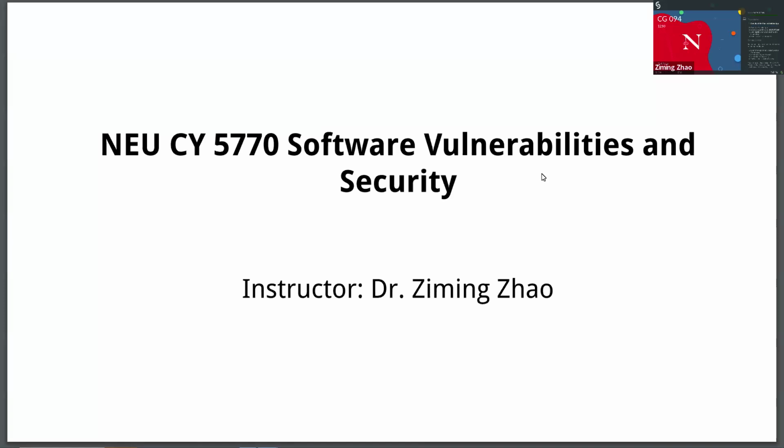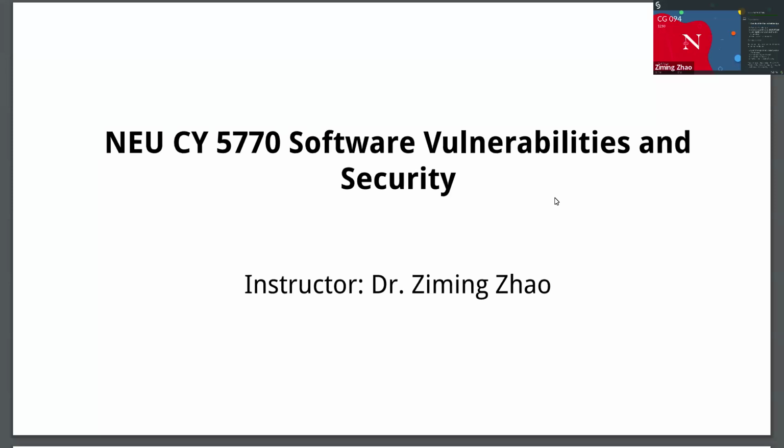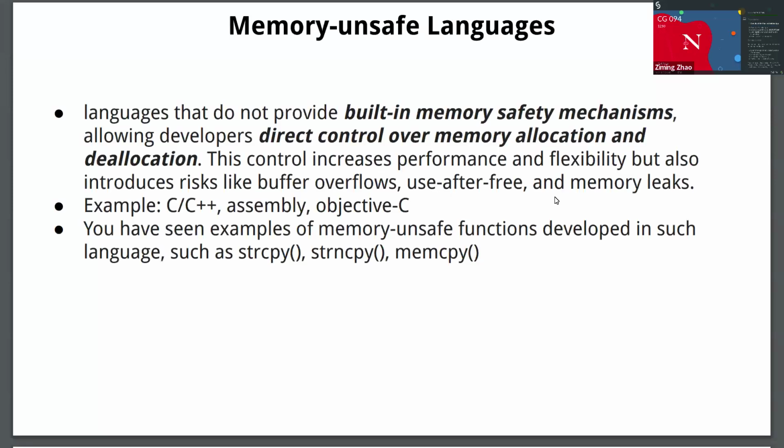So today we will keep talking about software vulnerability. So far, all the vulnerabilities are there because we are using memory unsafe languages. And all the vulnerabilities we are exploring right now are memory safety issues.